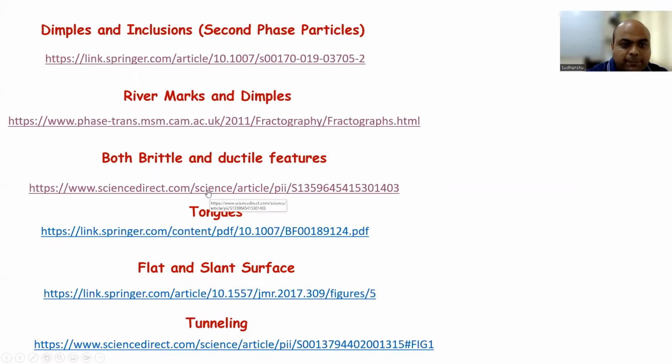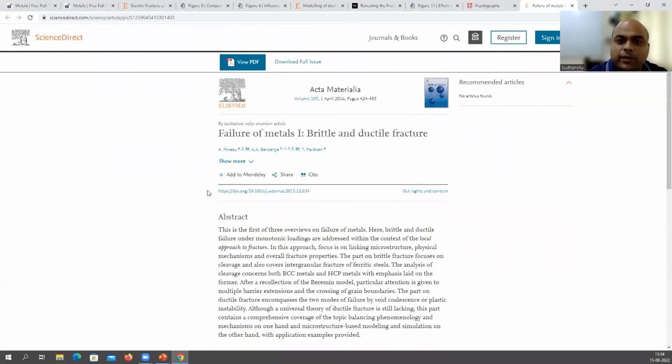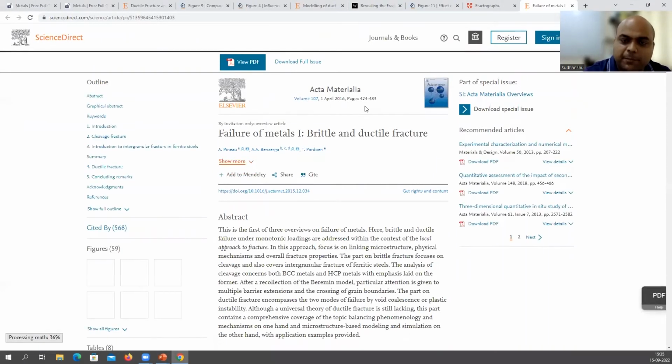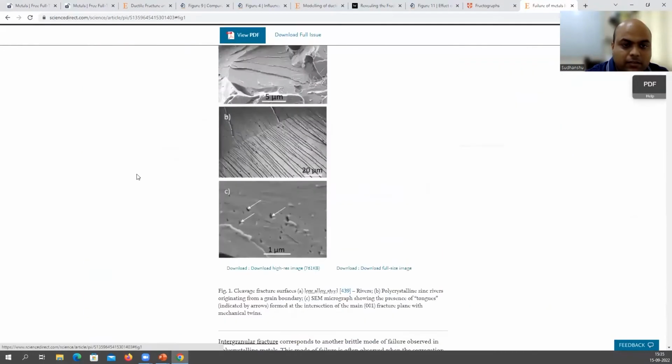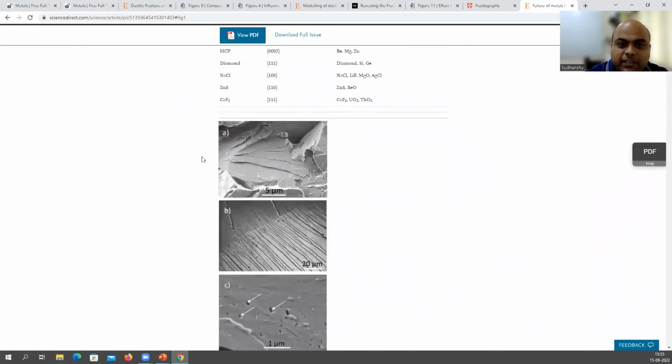Now let's see both ductile and brittle features. In this paper, you are going to see lots of images. This is from Materialia, fatigue of metals, on brittle and ductile fracture. It is an overview article. What you see here in image A are river marks, and this is the facet, right?